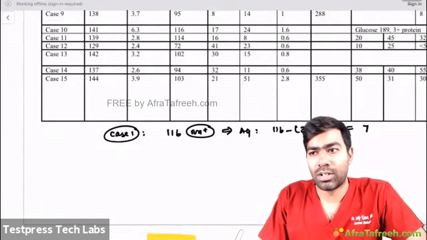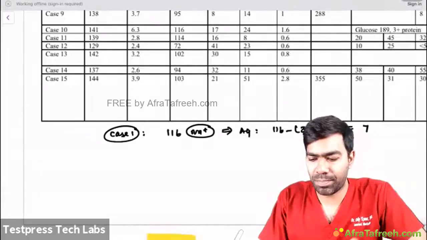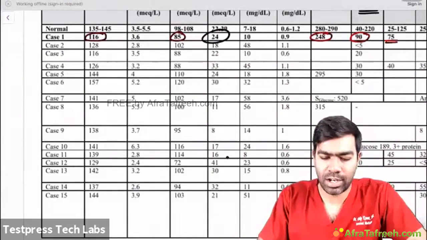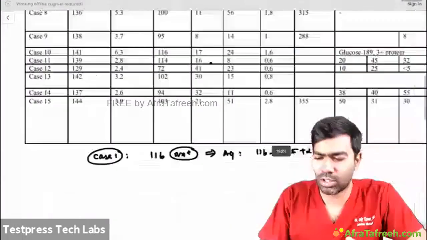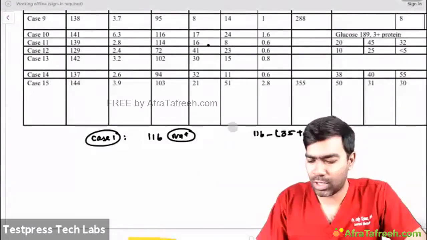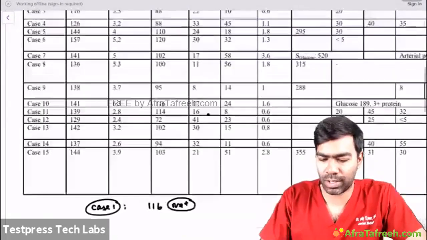Remember, only if it's a high anion gap, then you can call HAGMA. If the bicarbonate is normal, I clearly told you, you cannot call it a NAGMA. This is not a NAGMA. Just to make sure that the patient is not having a high anion gap, I did this. This is a normal anion gap. So I'm going to rub this off. No problem at all there.